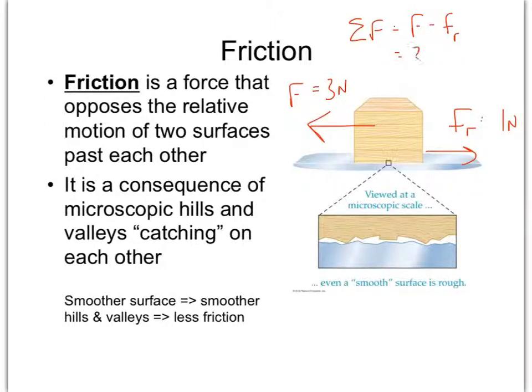That would be 3 minus 1 equals 2 newtons. Even though 3 newtons are being applied to move this box towards the left, this 1 newton of resisting friction force is holding it back so that the net force is less than it would normally be.